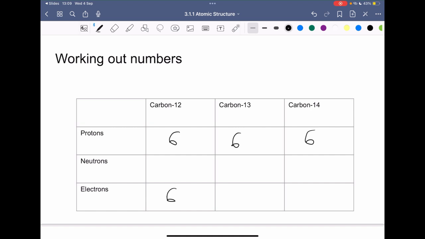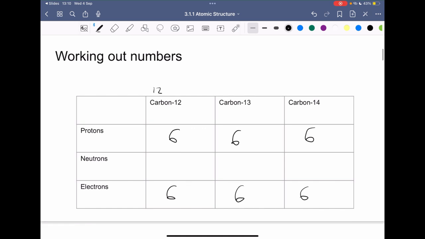So 6, 6, 6. Now we do big number minus small number. For all of these, the small number is 6, because it's our number of protons. So 12 minus 6 to get 6, 13 minus 6 to get 7, 14 minus 6 to get 8.